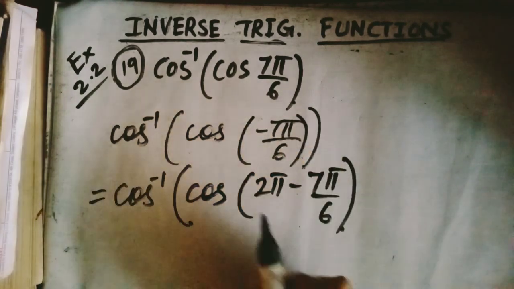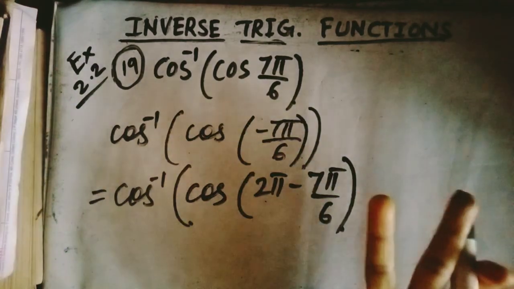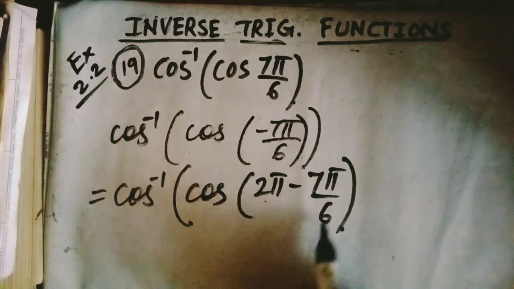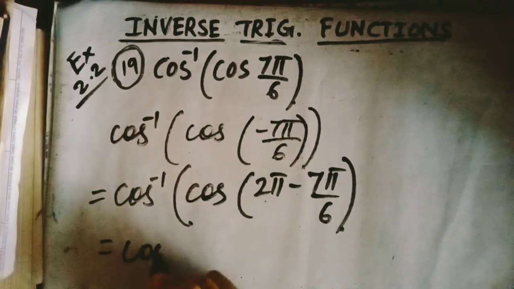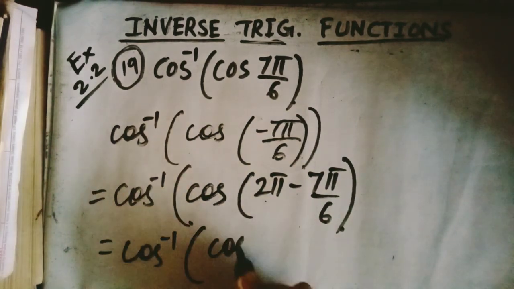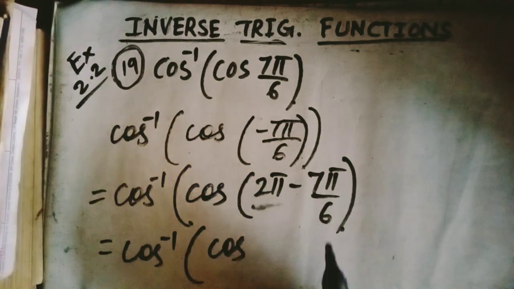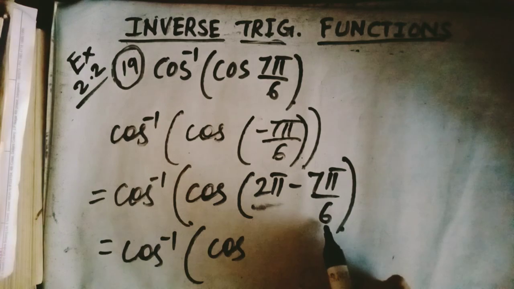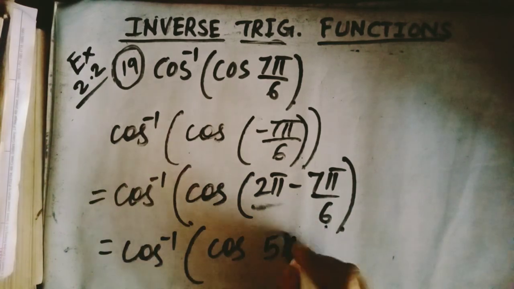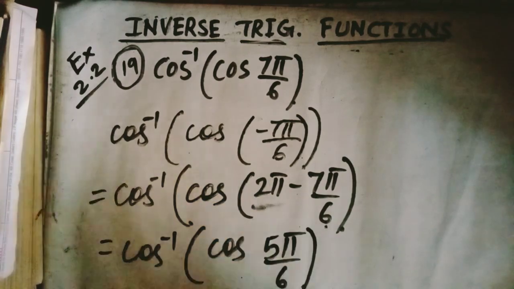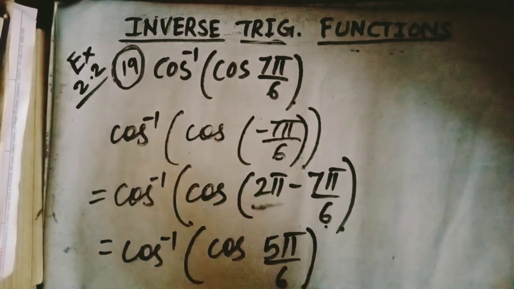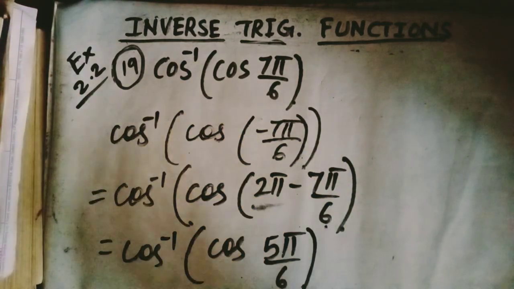Here 2 pi is the same as 0 degrees, correct? So we can do the calculation. Cos inverse cos of this will be 12 pi minus 7 pi upon 6, which is 5 pi upon 6. Now we have to check whether this 5 pi by 6 belongs to 0 to pi or not.